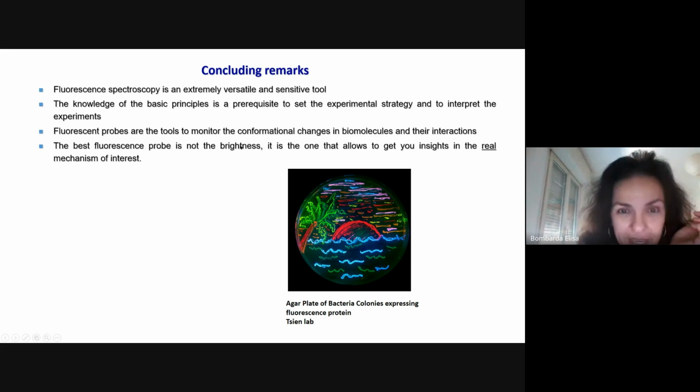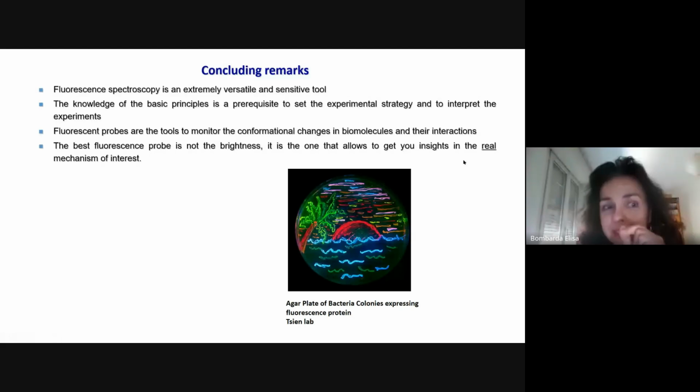Okay, I could take one with a high quantum yield, because that will for sure give me a good signal. No. It is the one that gets you insights into the real mechanism of interest.